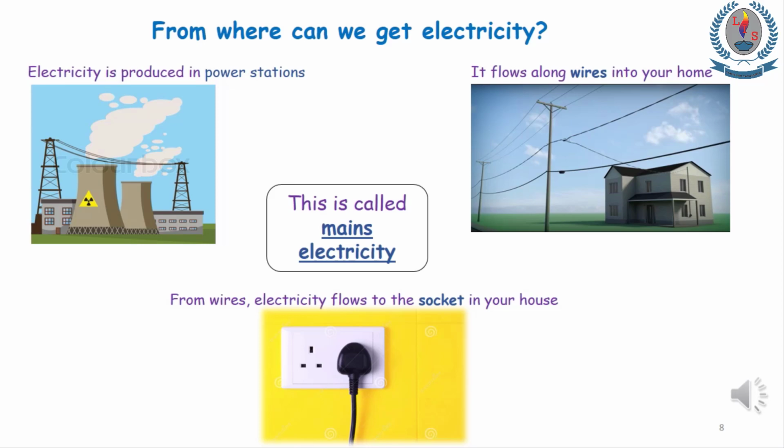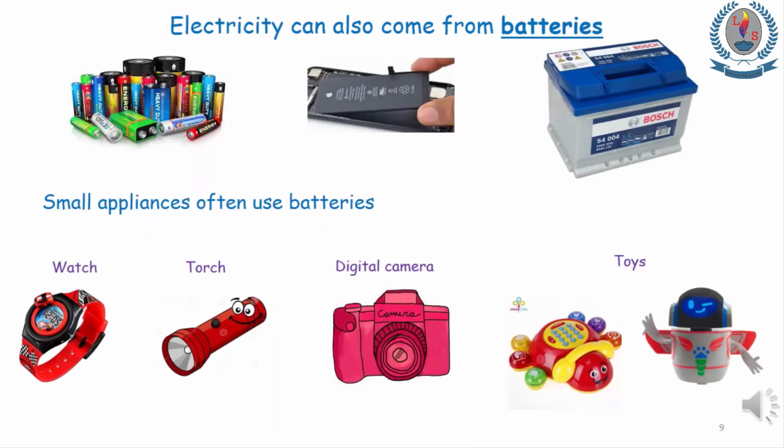Now you can turn to page number 67 in your workbook and tick the things that need electricity. Now you may wonder about machines that aren't connected to the power socket. These machines use batteries.